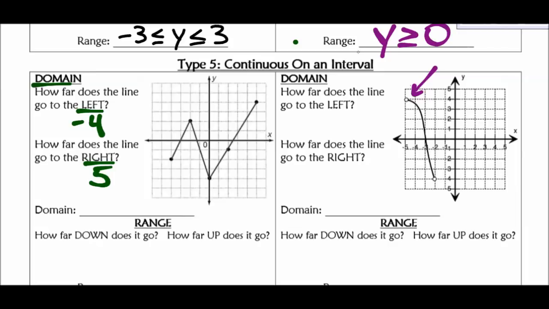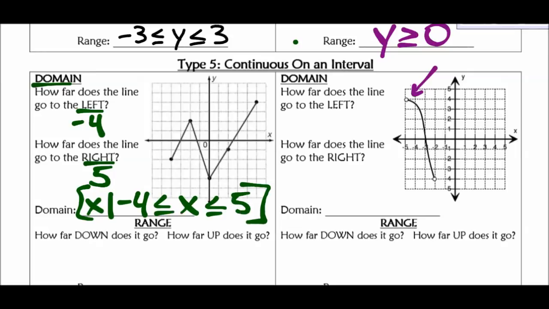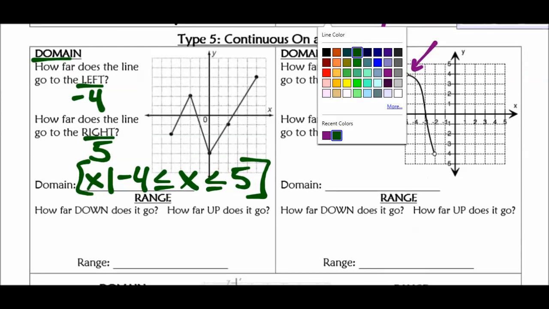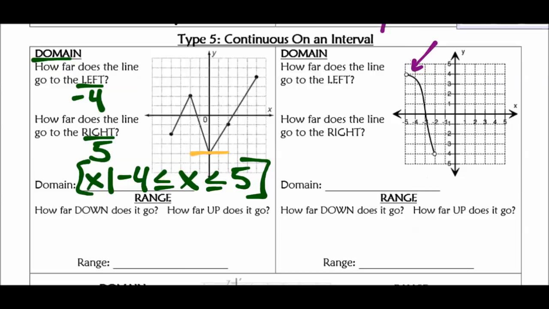So our domain can be described as x such that negative 4 is less than or equal to x, and x is less than or equal to positive 5. So y is talking about how far up and down it gets, so we're talking about the bottom point and the top point.